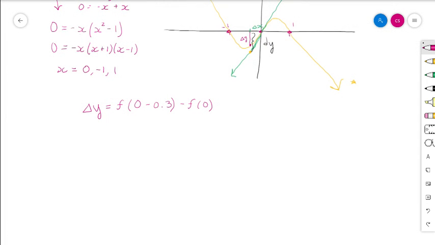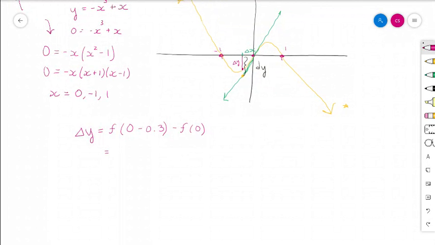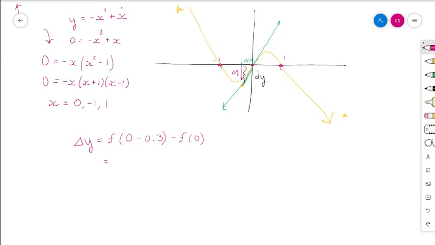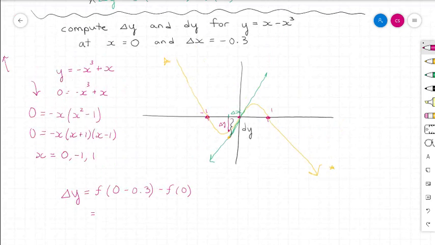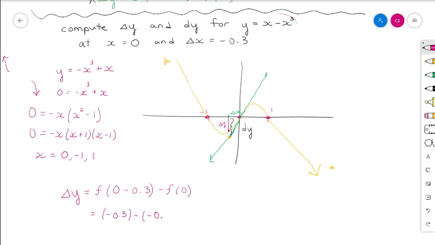Okay, so we're going to plug in -0.3 to our function right here. Actually, we can go back to the original one. This is our function. We're going to plug in -0.3. Okay, and now f of 0 is just going to be 0, so minus 0.